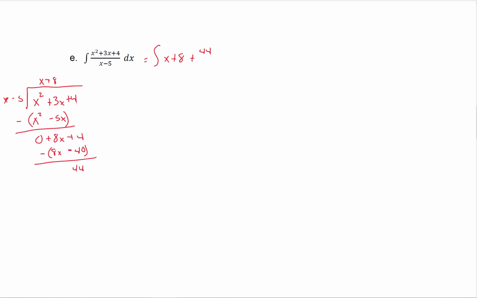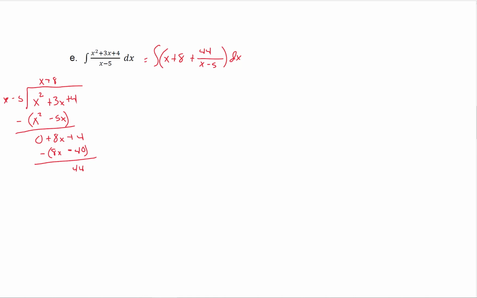In this case, it was x to the first power, and 44 is a constant. So plus 44, our remainder, over the divisor, x minus 5, dx. You'll always be able to rewrite the integrand if the degree of the numerator is larger than the degree of the denominator.